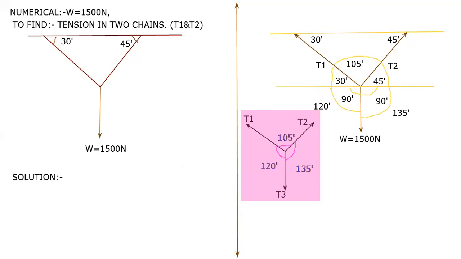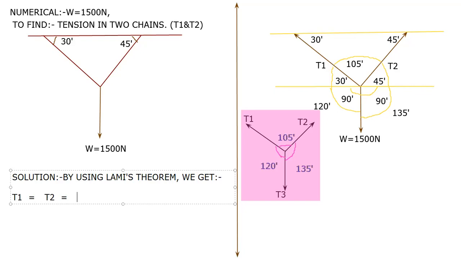By using Lami's theorem. In the solution you can write: by using Lami's theorem, we get some equation, and that equation you can write here, such as T1 will be equal to, T2 will be equal to, and T3 is nothing but, what is the T3?